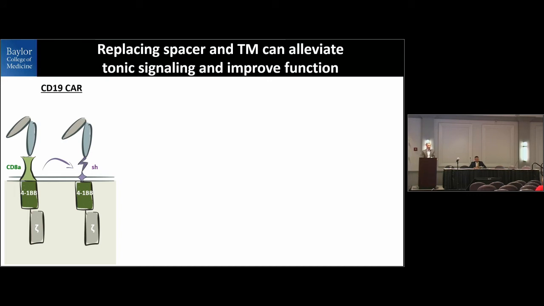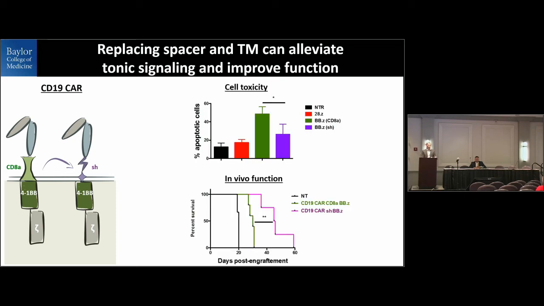In my group, we were able to attenuate tonic CAR signaling by simply replacing the spacer and transmembrane domain from a CD8 alpha to an IgG short hinge and the CD28 transmembrane. This simple trick resulted in significant attenuation of cell toxicity in vitro and boosted the in vivo function of the CAR. This is again with retroviral vectors. With a lentiviral vector it doesn't really have any effect, because of the absence of this positive feedback loop.